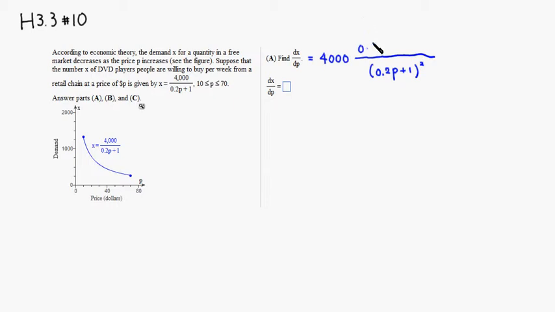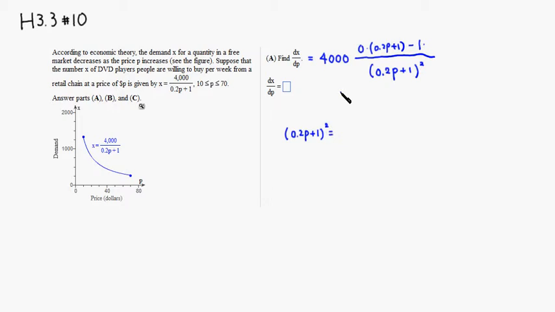Derivative of the top times the bottom, I'll just write that, minus the top, which is 1, multiplied by the derivative of the bottom. I'm going to multiply this out. You have 0.2p plus 1 squared.